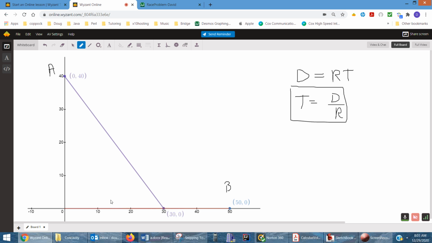We could call this distance X and this distance 50 minus X. What we need is an expression for the length of this hypotenuse. He's going to drive this distance at 45 miles per hour.